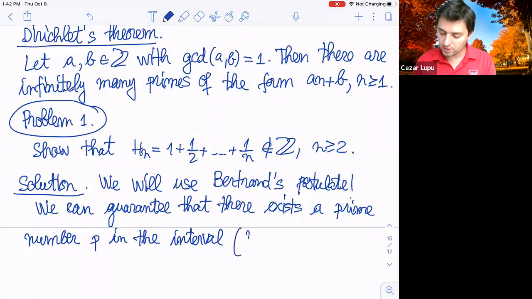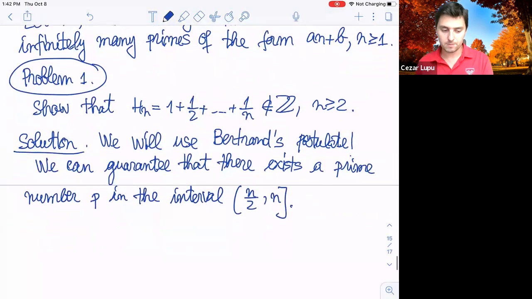So we can guarantee that there exists a prime number between n over 2 and n. Right? We can know this.